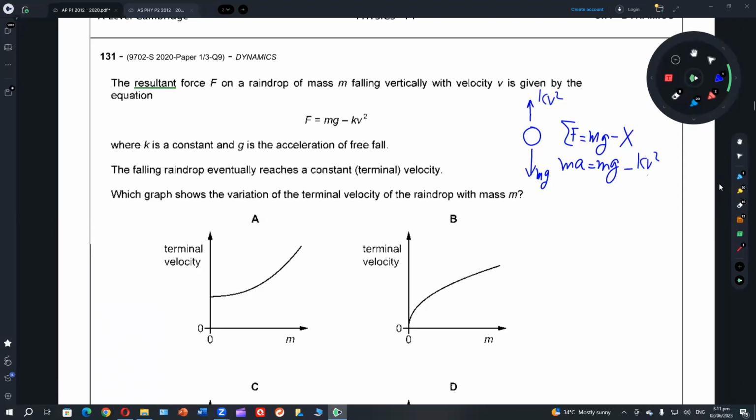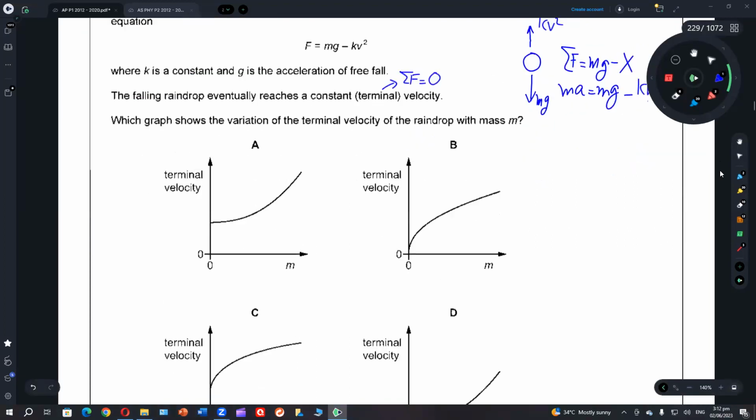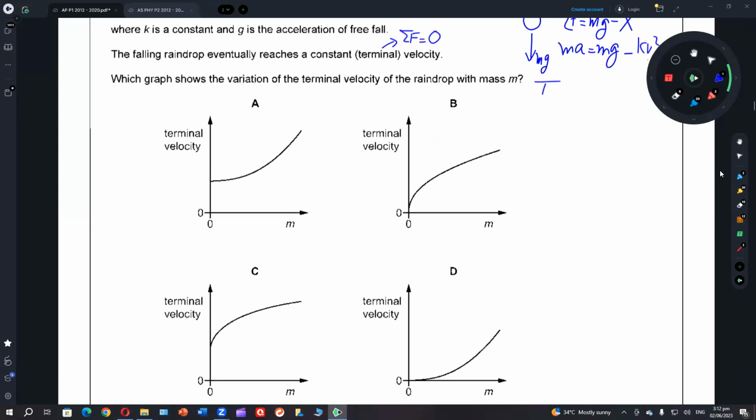The raindrop eventually reaches terminal velocity. When terminal velocity is reached, the resultant force will become zero. So when you reach terminal velocity, let's model that.